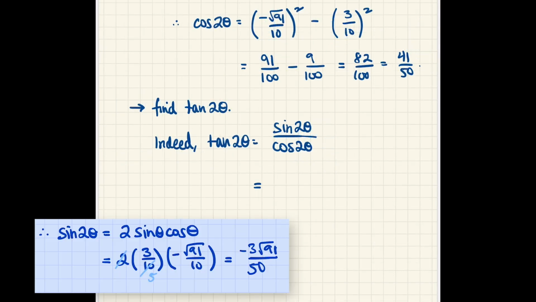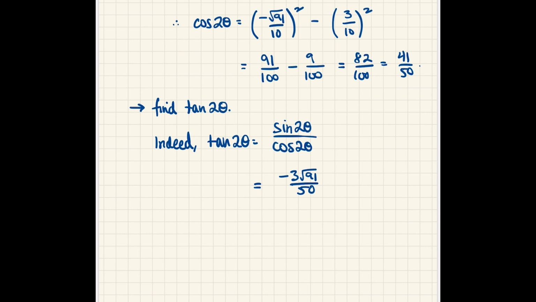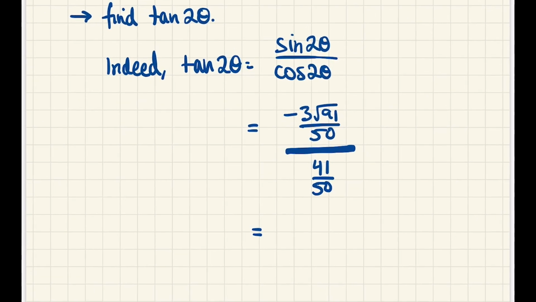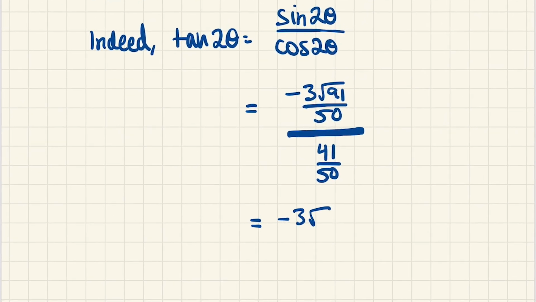Sine of 2 theta is negative 3 root 91 over 50. And cosine of 2 theta, we worked out to 41 over 50. So here we have a single fraction divided by a single fraction. We can write that as a multiplication by the reciprocal. And those 50s cancel because they're very nice.